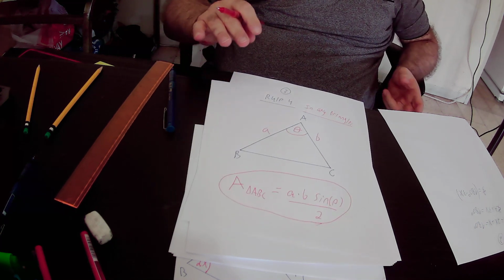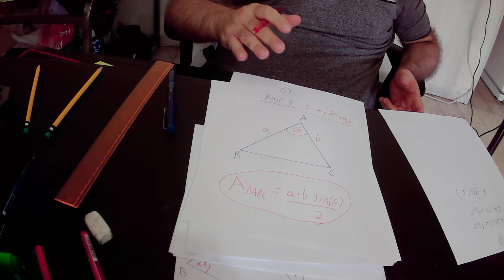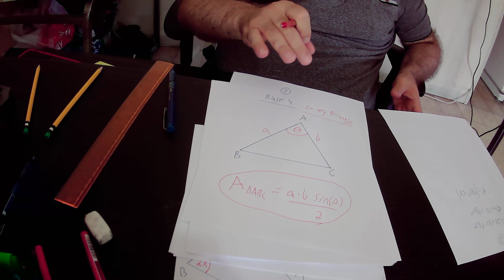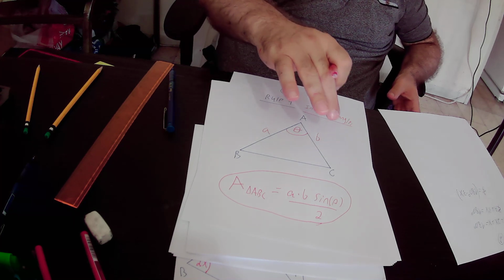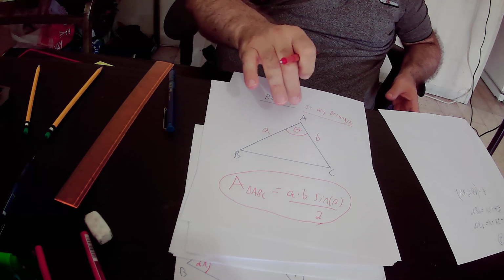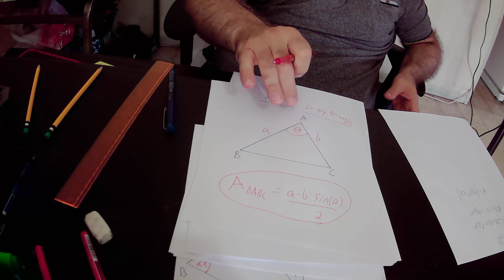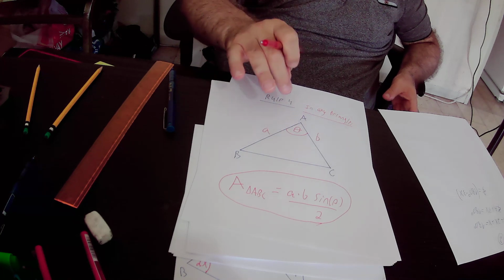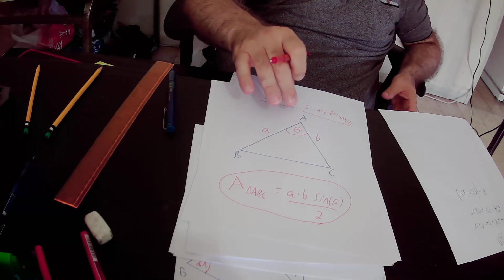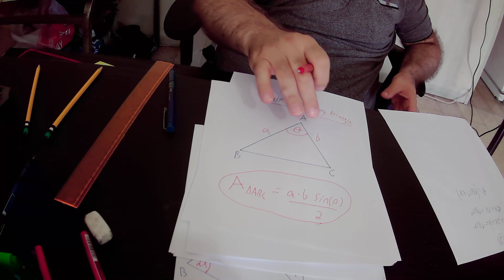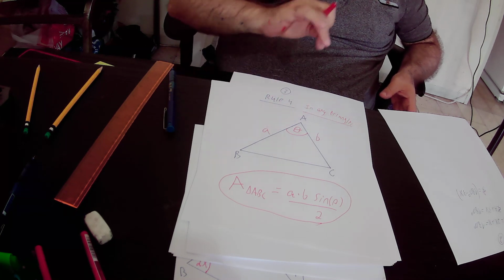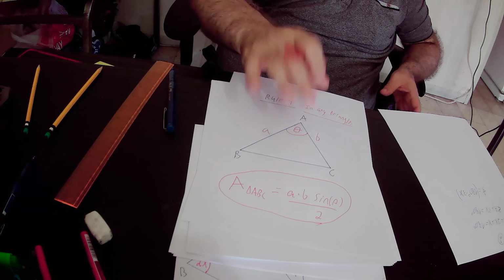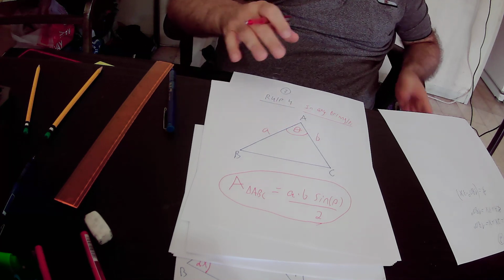We can define the area of any triangle as the multiplication of the sizes of two sides, and then we multiply it by the sine of the angle between those two sides, and then we divide it by 2. So that is the area of triangle ABC, or any other triangle.